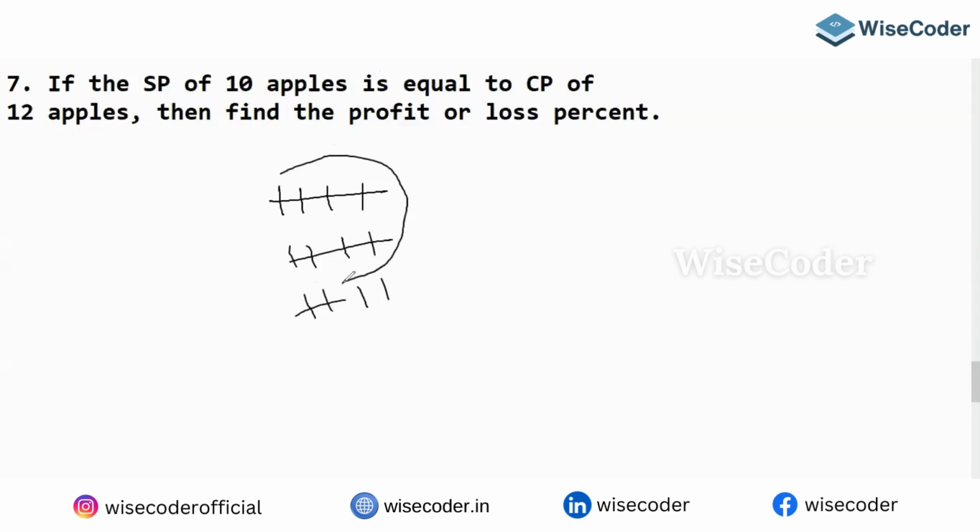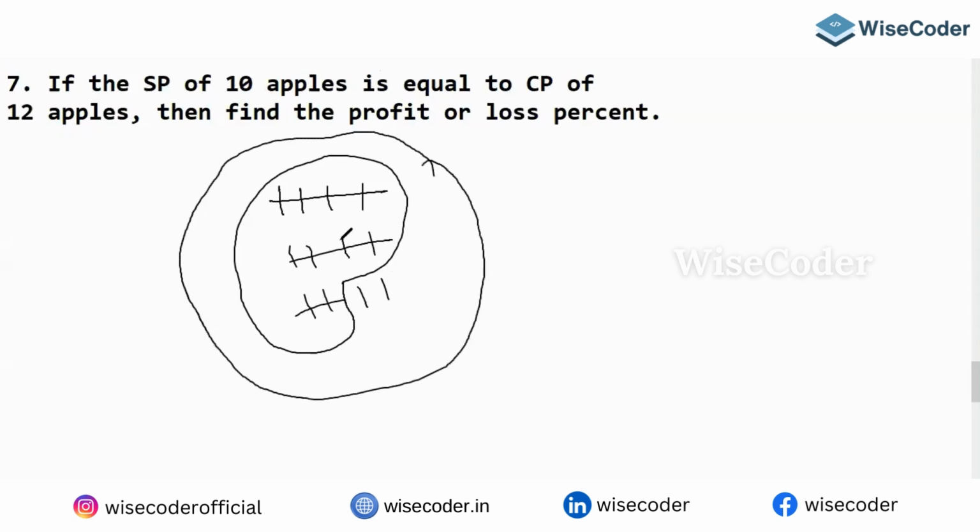By selling these 10 apples, you are able to get the cost price of 12 apples. It means you already got back what you invested. If you sold the remaining two, that is your profit only, no?